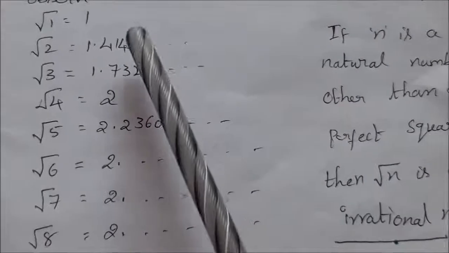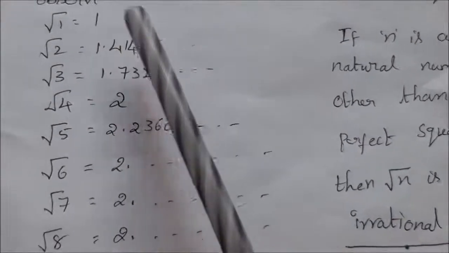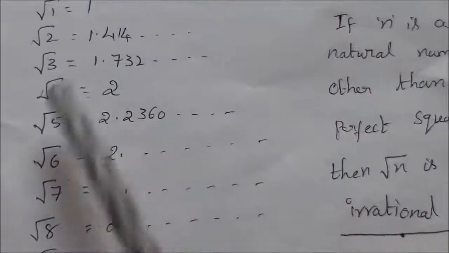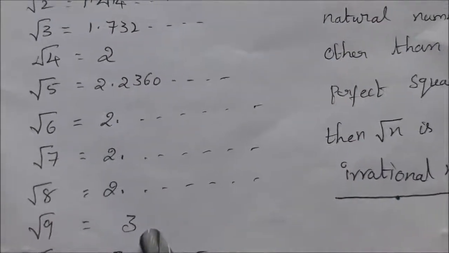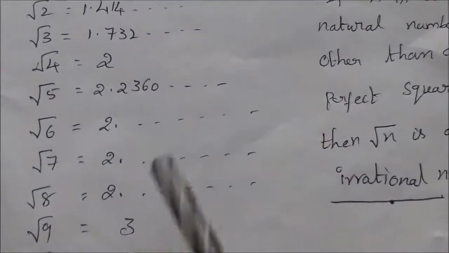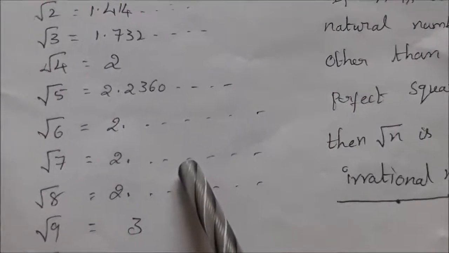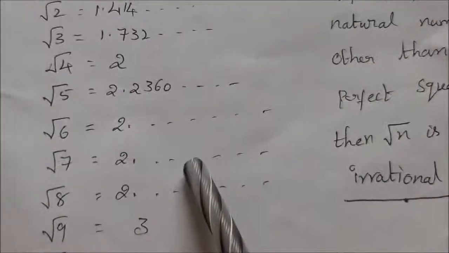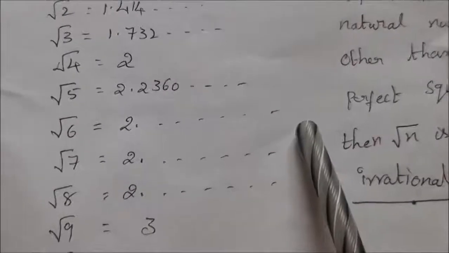If any number is a perfect square, like square root of 4 equals 2, square root of 9 equals 3, then they are called rational numbers.